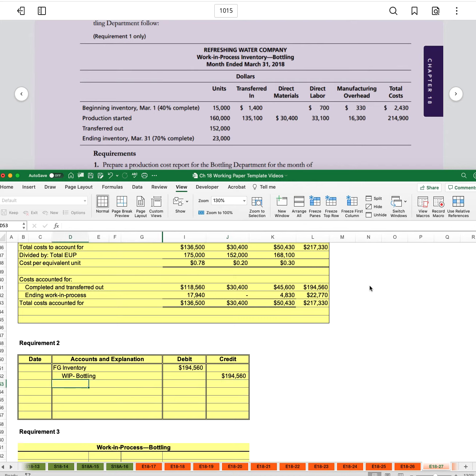And if we wanted to add a description here, we'd say something like units completed, costs assigned to finished goods.